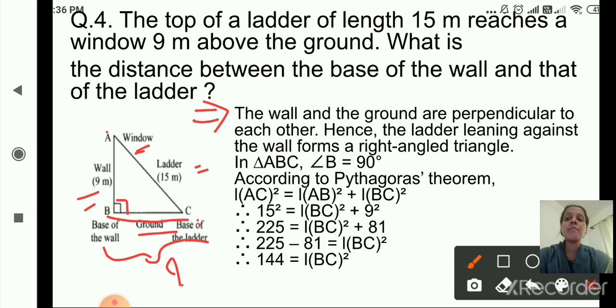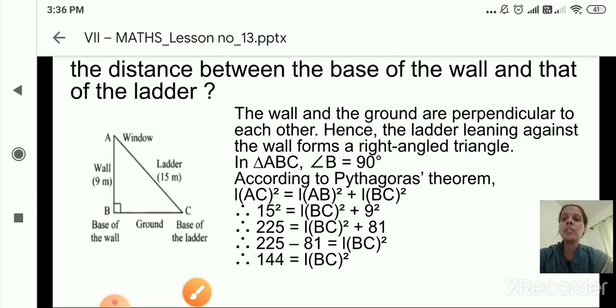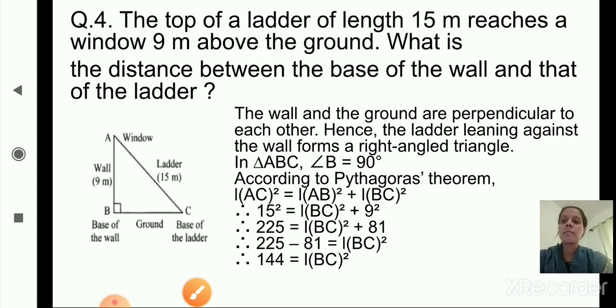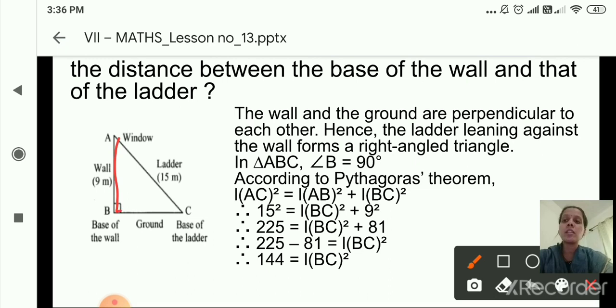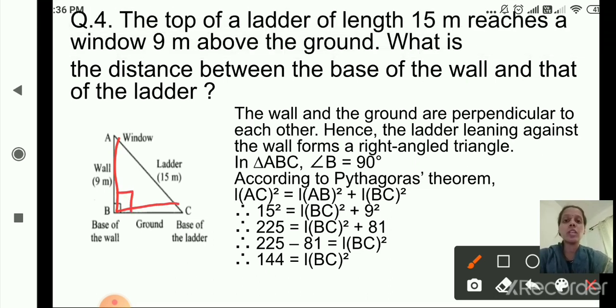As you can see here, the wall and the ground are perpendicular to each other. This is the wall and this is the ground, which are perpendicular to each other, means they are forming a right angle triangle. This is 90 degree.